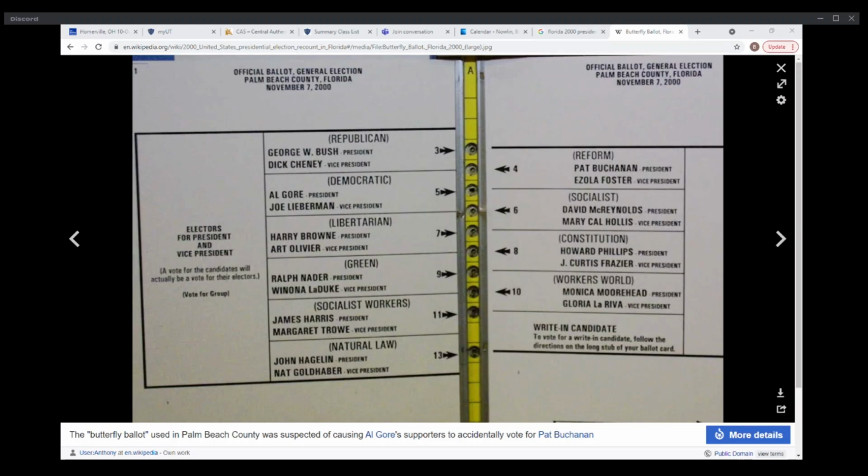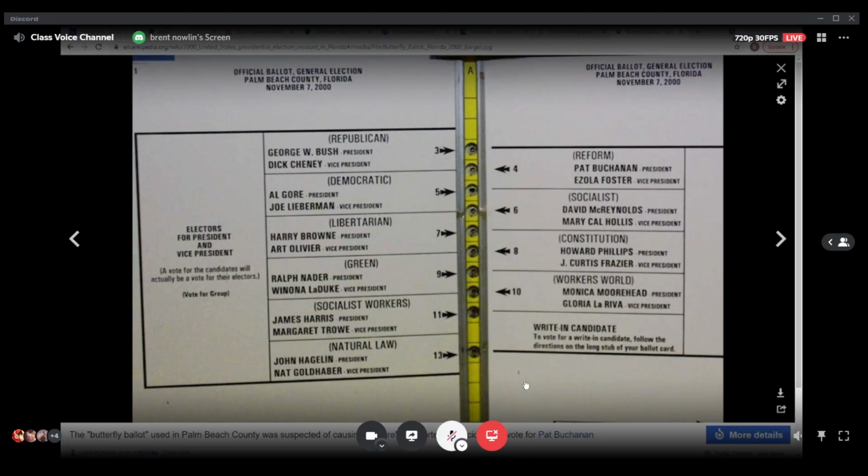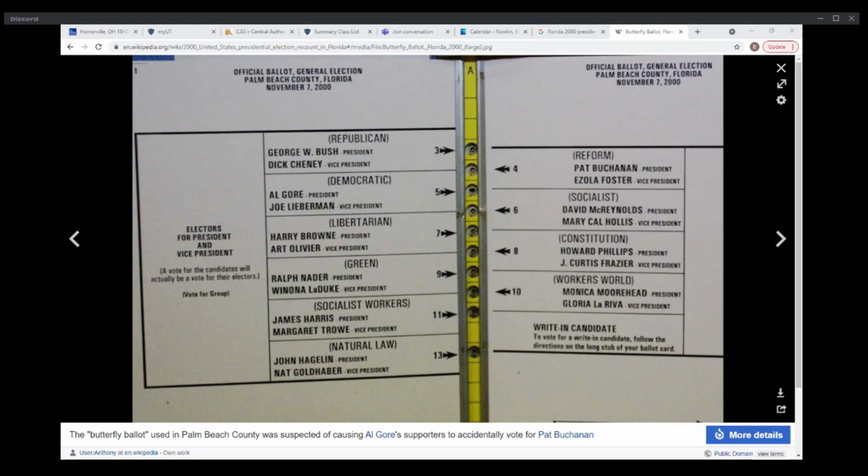I don't know how many of you know who Pat Buchanan is. Pat Buchanan is more conservative. The Reform Party is more conservative than the Republicans are.